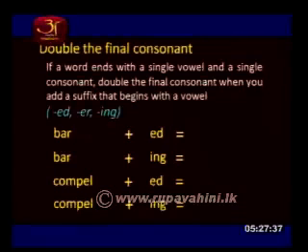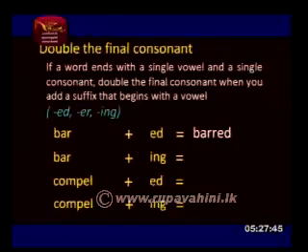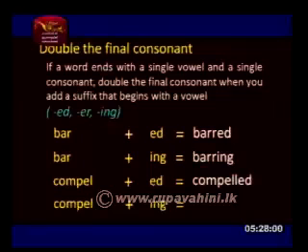Bar plus ED, barred. BARRED. Next one again, bar plus ING, barring. Actually this is වළක්වනවා. ඒක මම නැත්තම් block කරනවා වගේ අදහස් තමයි අදහස. Next one again, compel plus ED, compelled.